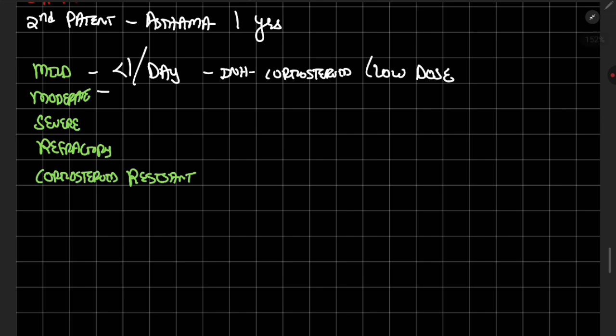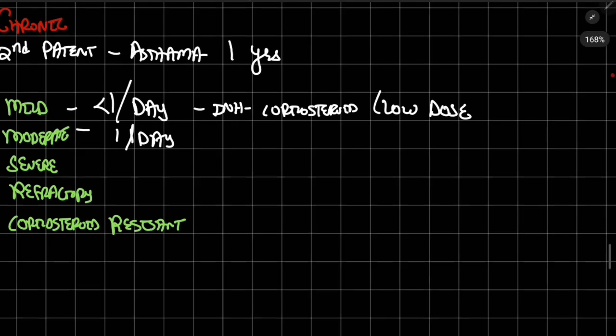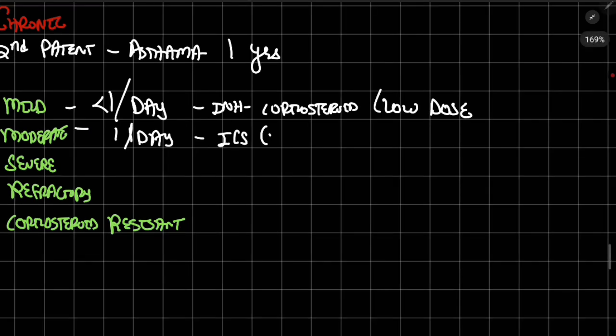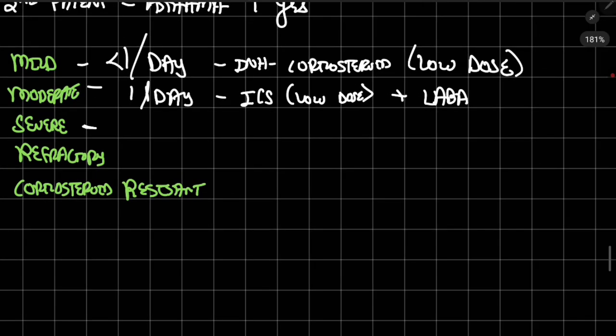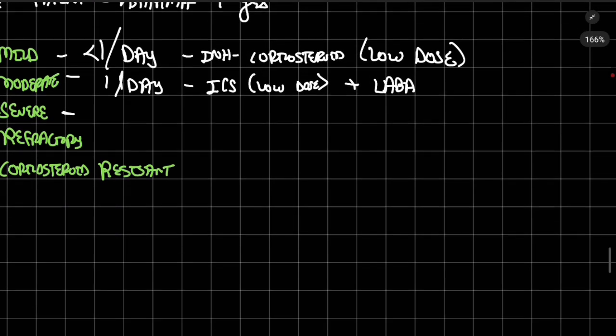In moderate stage, 1 attack per day, we give inhalational corticosteroid, let me write it, ICS, in low dose, plus we add a LABA. What was the example of a LABA? Salmeterol. Yes. Then in severe stage, we have the bedridden patients.